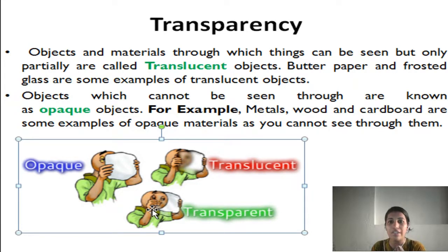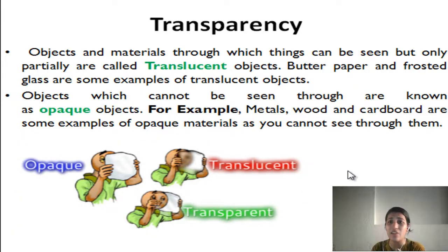And third is opaque objects. Opaque means objects which cannot be seen through. Metal, wood and cardboard are some examples of opaque materials, and you cannot see anything through opaque materials.